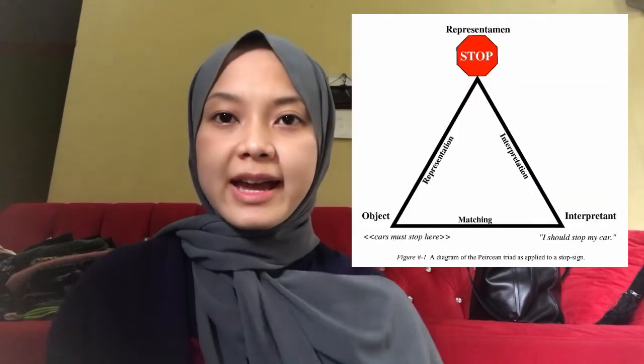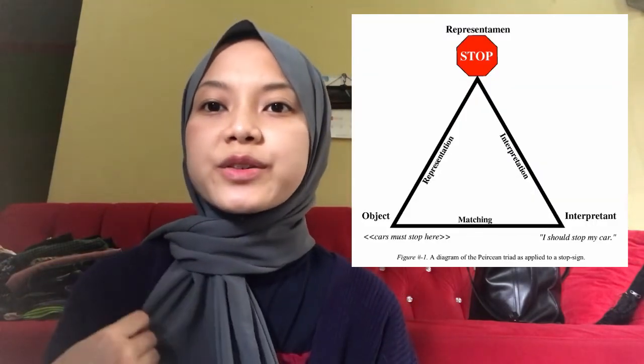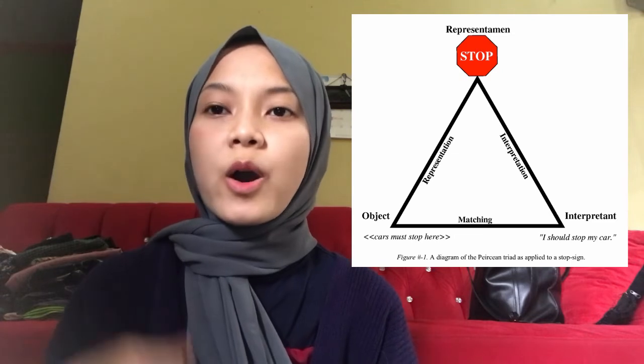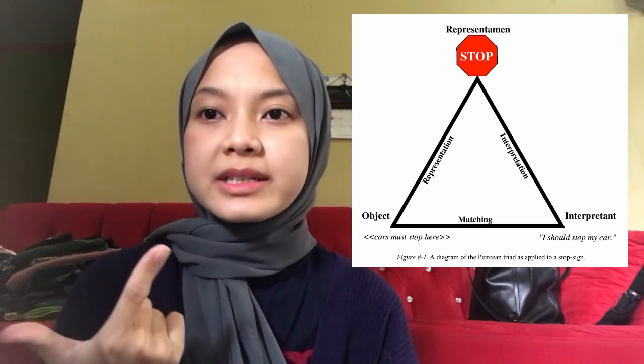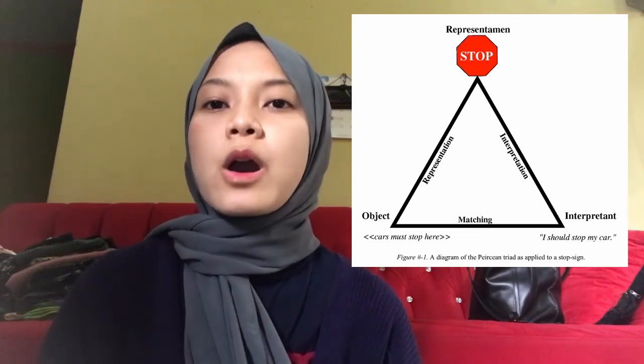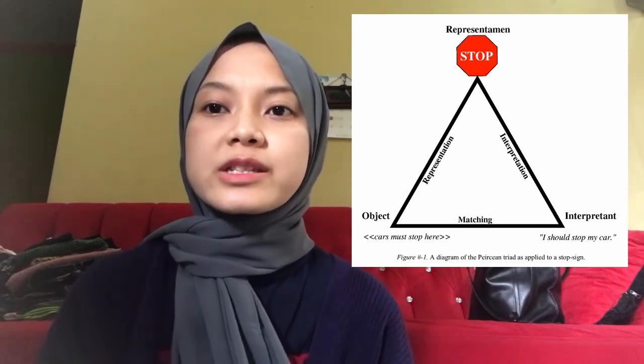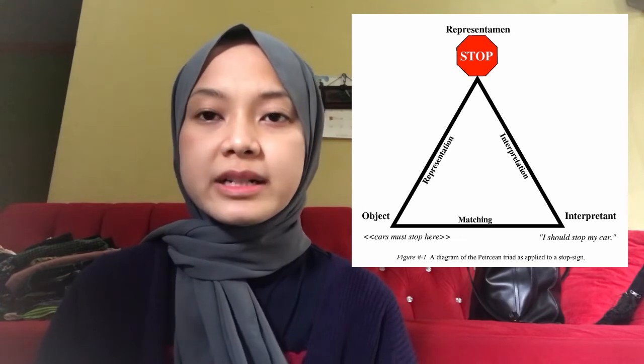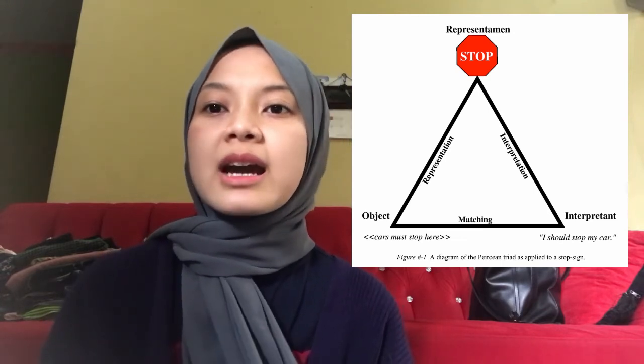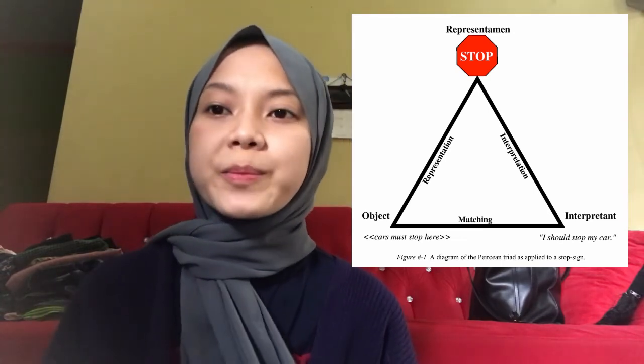The next is about mind mapping. From the figure beside, a sign is divided into these three parts: object, representamen, and interpretant. Consider, for example, the stop sign shown in figure 1. In this example, the object is the concept that cars must stop here.